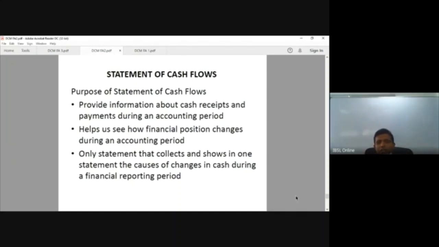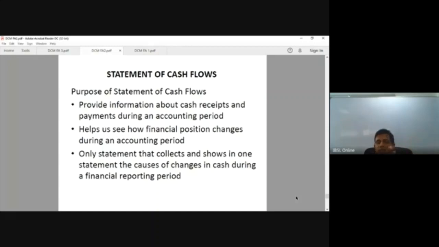Therefore, you need to go through it, understand it better, and put more effort into the cash flow statement of a particular client. It will show how efficient your client is in managing cash.